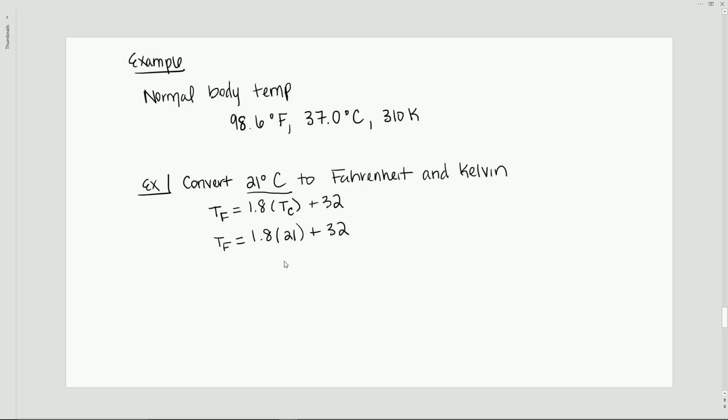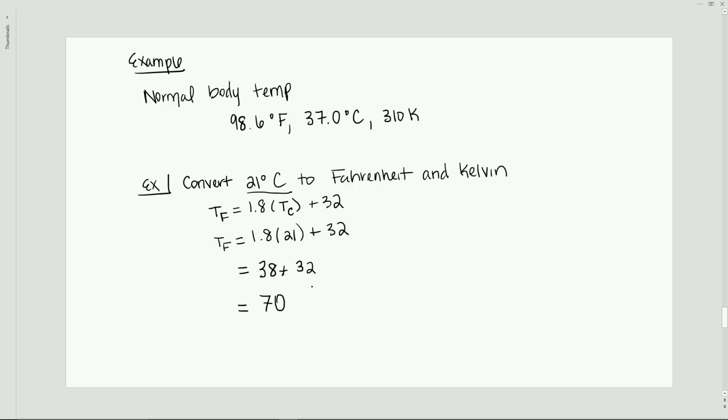So if we do that math and work it out, 1.8 times 21 is 38, plus 32. I'm sorry, 38 plus 32, not 22. I just copied it down wrong. So 38 plus 32 equals 70.